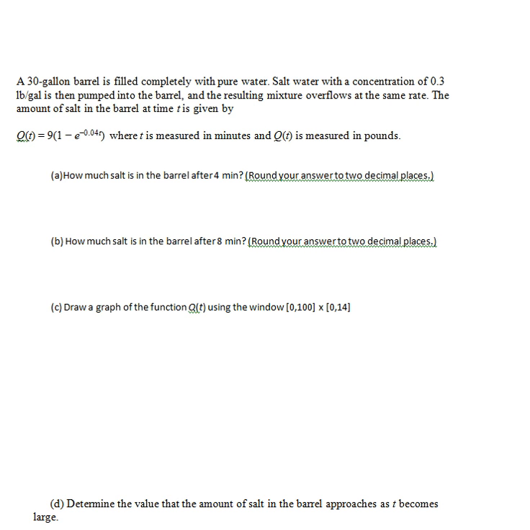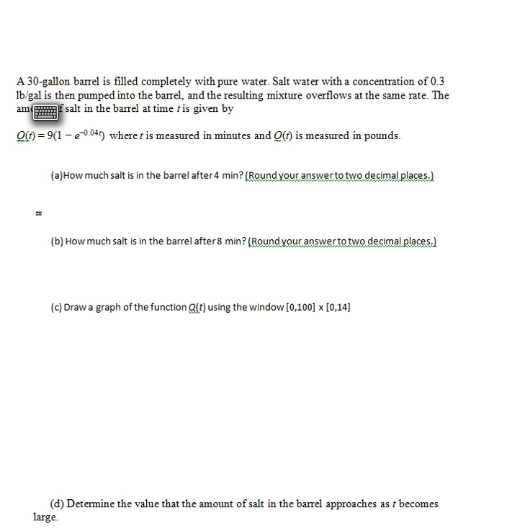The amount of salt in the barrel at time t is given by Q of t equals 9 times 1 minus e to the negative 0.04t, where t is measured in minutes and Q of t is measured in pounds. How much salt is in the barrel after 4 minutes?